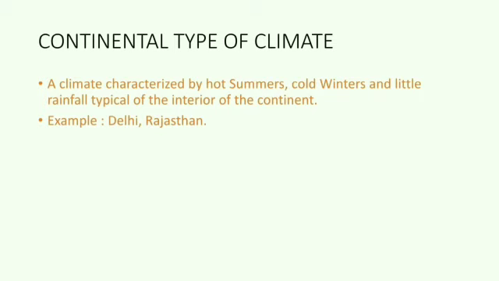These are located far away from the sea. The region which is located far away from the sea experiences a continental type of climate. Here the temperature is very high during summer and very low during winter. This is because of the distance from the sea.